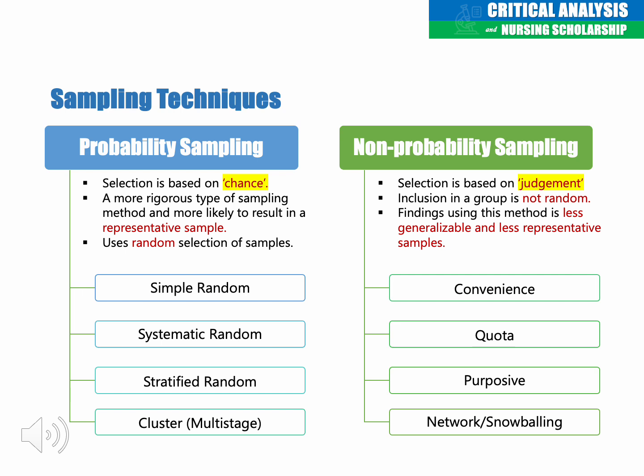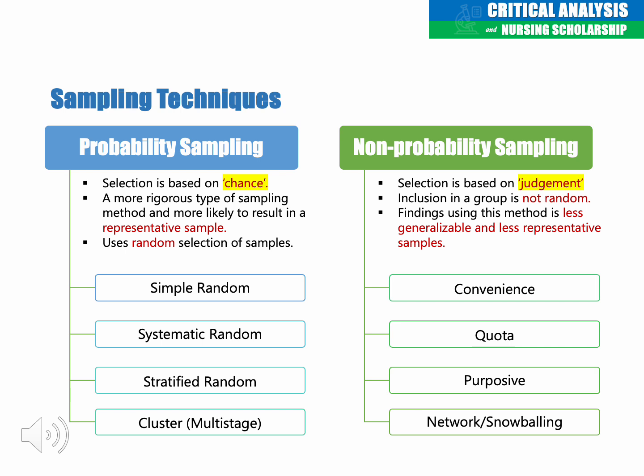Now, what is non-probability sampling? In non-probability sampling, not everyone has a chance of being selected. And in here, the sample is basically chosen based on the judgment of the researcher. In other words, the inclusion of your samples in this type of sampling design is not random.